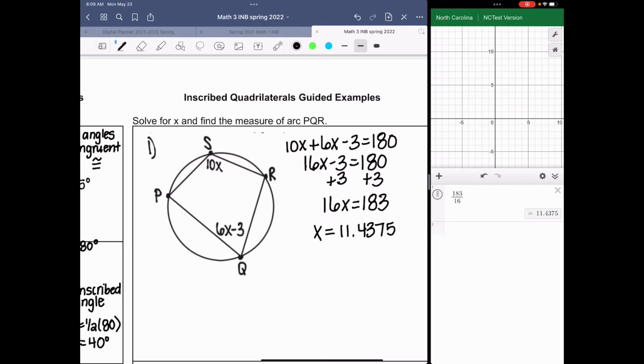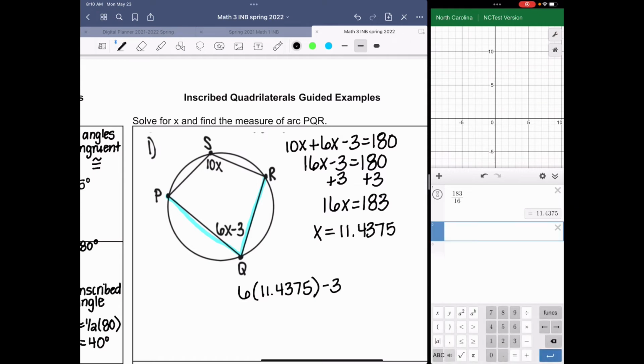That's okay. But now what we need to do is find the measurement of PQR. To find the measurement of PQR, we would do 6 times 11.4375 and subtract 3.